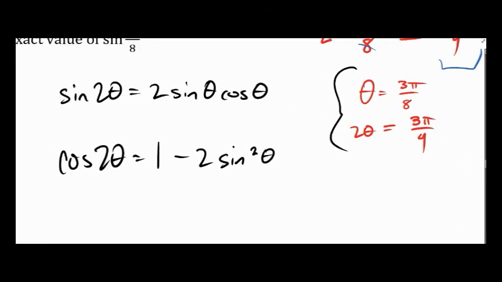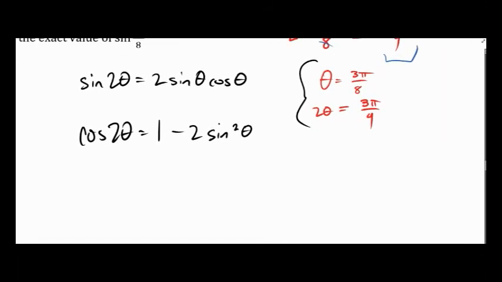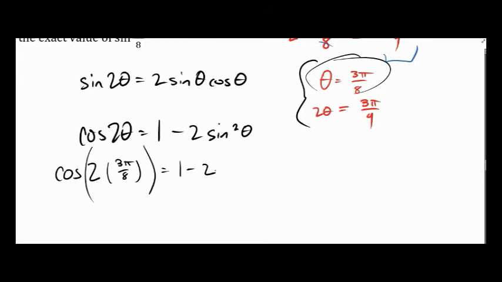Okay, let me see if I can help you out a little bit further. If I take the value that we're looking for, my theta over here, and I sub it into this first one, I'm going to sub it in on both sides. I get cos of 2 times theta, which is my 3 pi by 8, is equal to 1 minus 2 sine squared theta, which is 3 pi by 8, right?